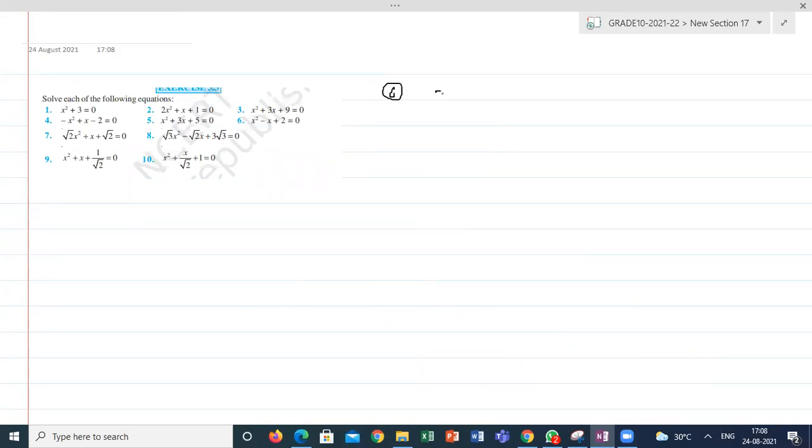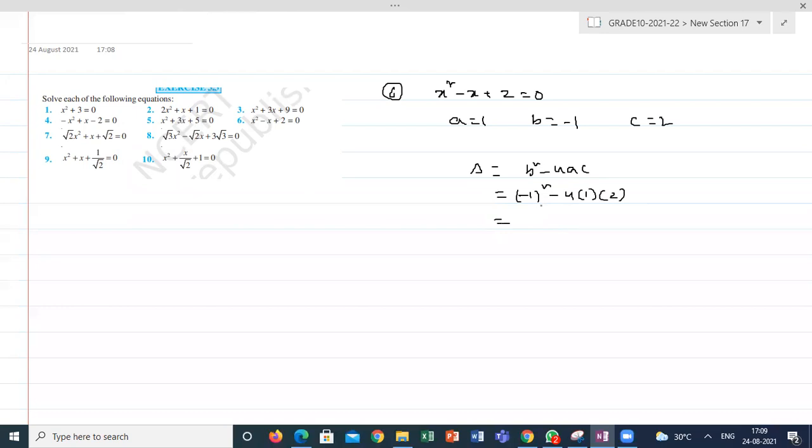Sixth question. X square minus x plus 2 is equal to 0. A is equal to 1, B is equal to -1, C is equal to 2. So delta is equal to B square minus 4AC. This is -1 whole square minus 4 into 1 into 2. So -1 whole square is 1, 4AC is 8, so -7. So root delta will be i root 7.